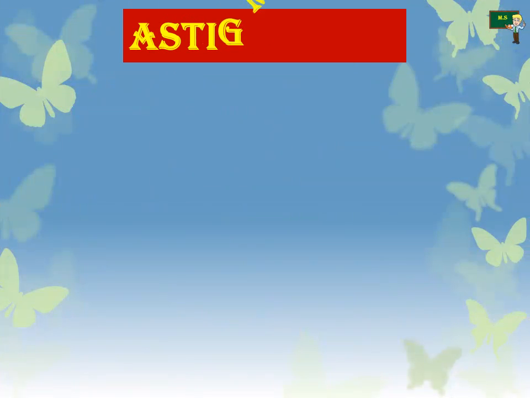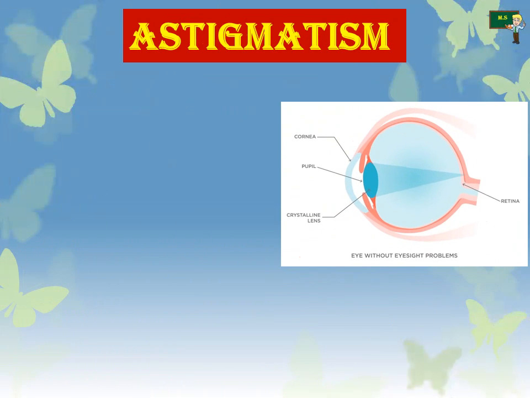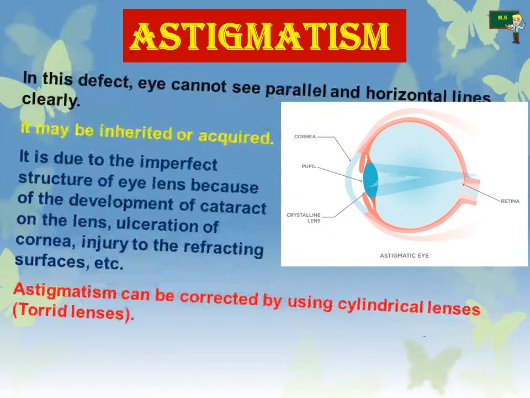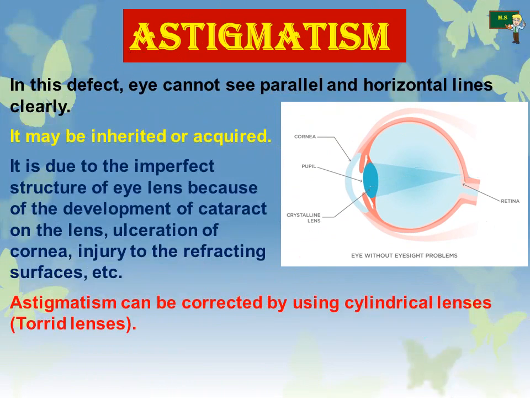Next one, astigmatism, and this is the eye with the astigmatism problem. What is that disease? In this defect, the eye cannot see parallel and horizontal lines clearly.